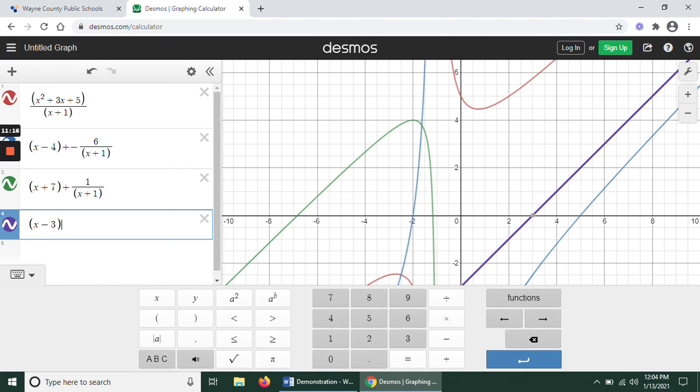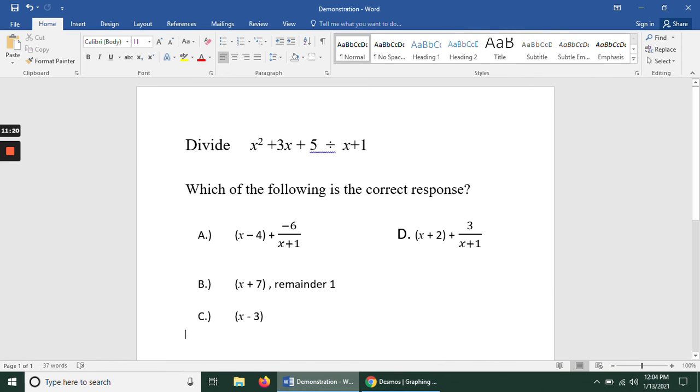All right. Now we have one more choice, which is D. So I'm going to enter the expression that I see for D.